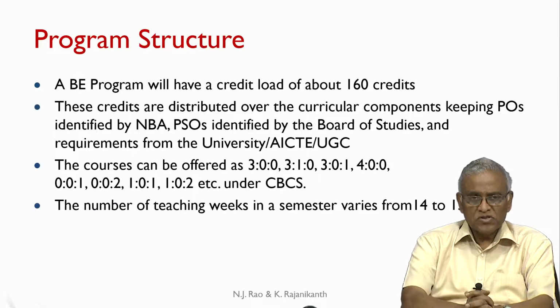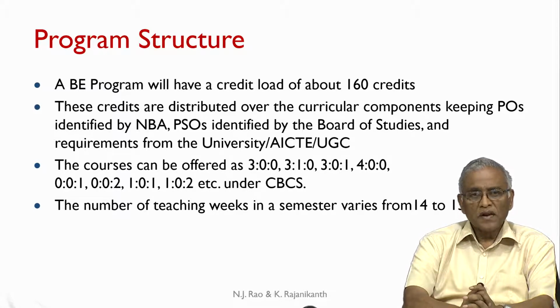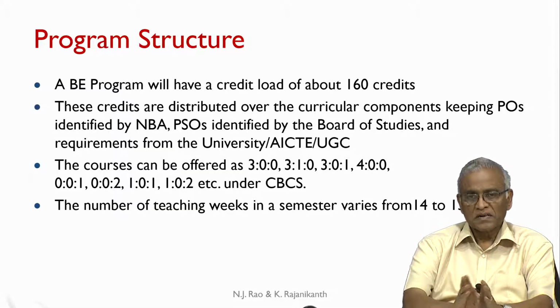And now the program structure. At least now we can say, as far as AICTE is concerned, a BE program will have a credit load of about 160 credits. That means it could be 160 plus or minus a few. Till now there are a large number of programs operating even up to 260 credits on paper, though their credit definition keeps changing, and the majority of programs in India are operating anywhere up to 200 credits.